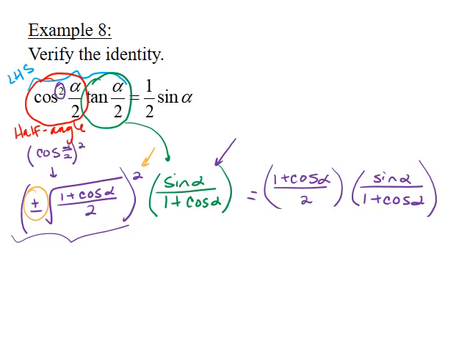Well, what do you know? This is amazing because the 1 plus cosines cancel out. So I have sine of alpha over 2, which can be written as 1/2 sine of alpha, which is what I wanted. And this concludes section 5.3.